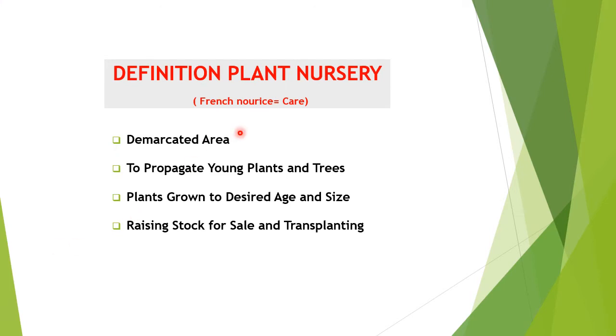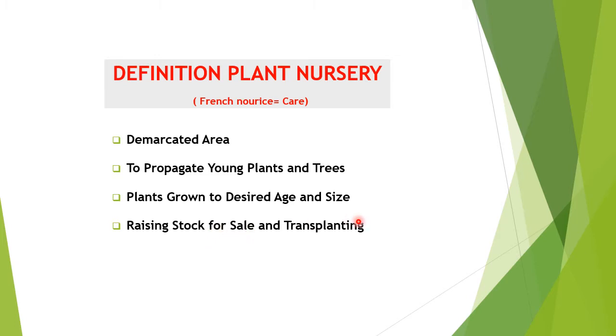See, it's a French word nourrice, which means care. So that means the plant nursery is one where you care the plants. It's a demarcated area where you propagate young plants and trees, and their plants are grown to desired age and size, raising stock for sale and transplanting.